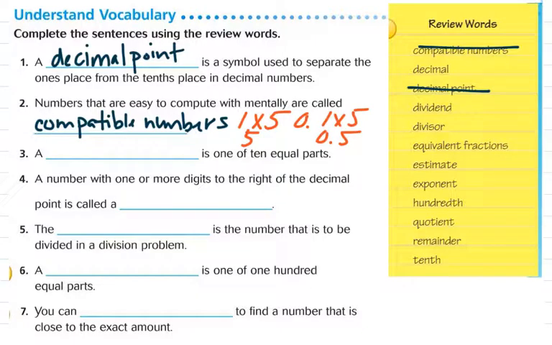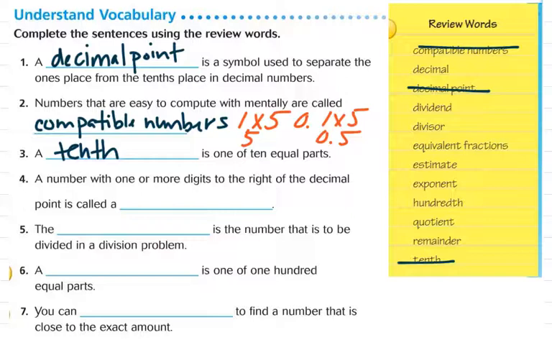Number 3, a blank is one of 10 equal parts. Well, we know that there are 10 dimes that fit inside of a dollar, boys and girls, so 1 dime is worth a tenth. We're going to write that down on our list. Next, a number with 1 or more digits to the right of the decimal point is called a decimal.